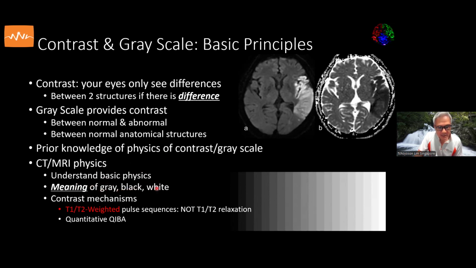gray, black, and white. So the contrast mechanisms that we simply deal with are in the region of T1 weighted and T2 weighted pulse sequences. Note that it is not a direct measure of T1 and T2 relaxation unless they undergo specific post-processing of T1 relaxation times and T2 relaxation times, which is a particular aim of the HIBA initiative for quantitative imaging parameters.